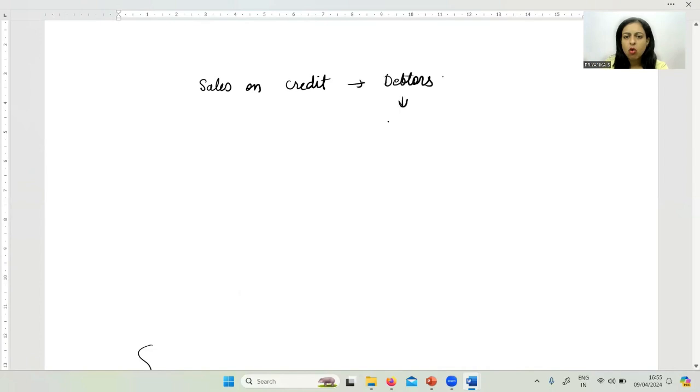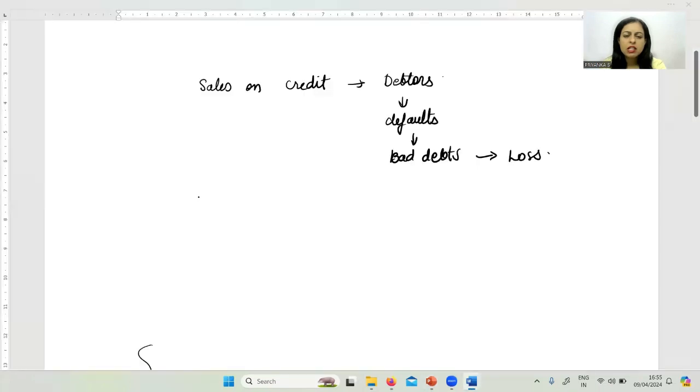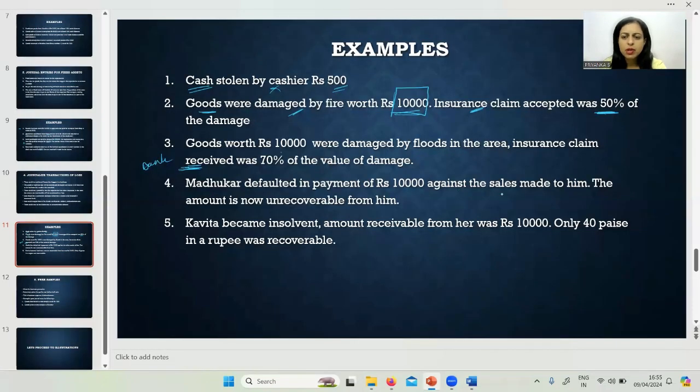And when a debtor defaults, due to whatever reason, it becomes bad debts. And this bad debts is a loss. So whenever a sales transaction was made to Madhukar and he defaulted, automatically what should come to your mind is bad debts.